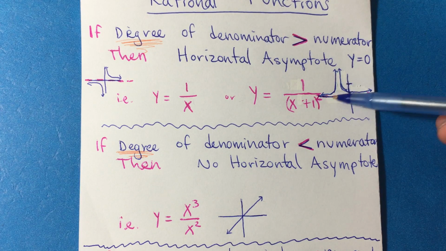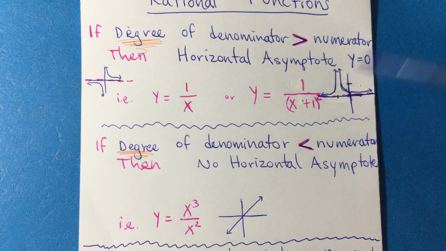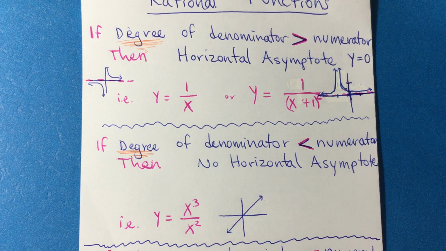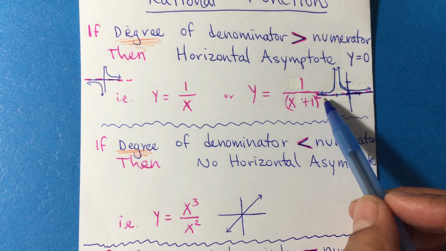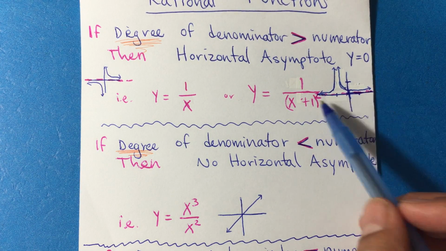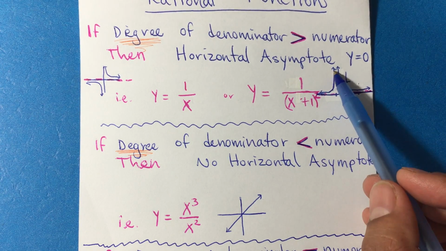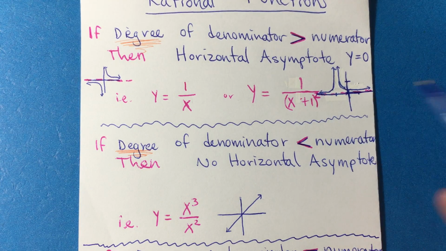I did the graph here, and I'm not focusing on the vertical asymptote. We'll see that in future videos. But the horizontal asymptote will also be y equals 0. It means it will approach 0, but it will not go beyond that.